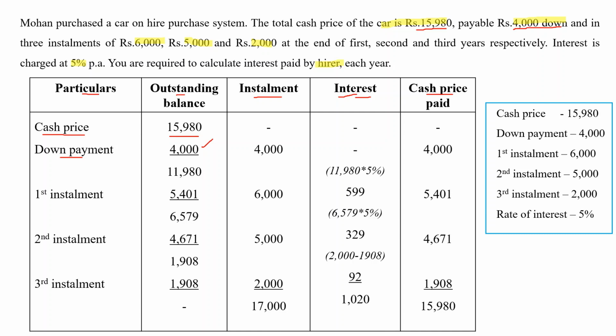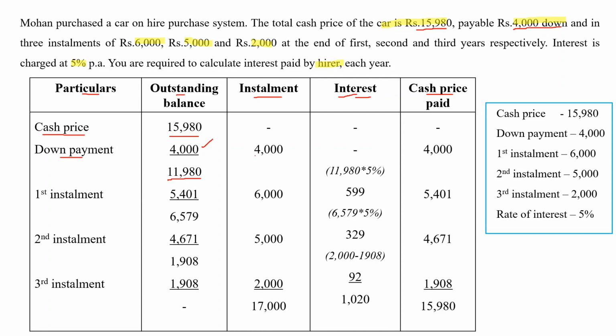Now the balance outstanding amount is 11,980. Hope you understood this. 15,980 was initially outstanding. He has paid 4,000 down payment. So 15,980 minus 4,000, balance amount is 11,980.